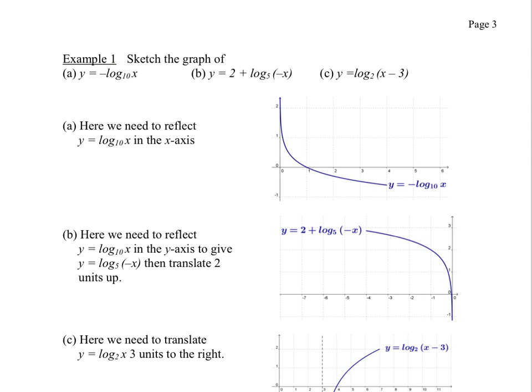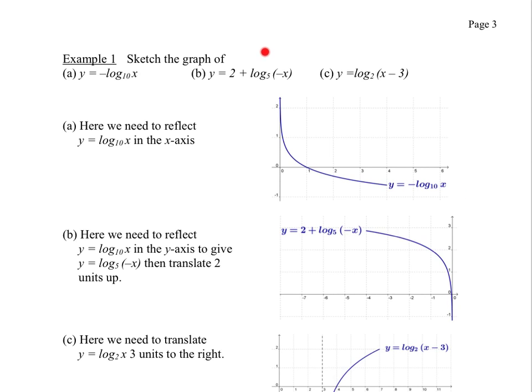Now remember, log base 10 of x looked like this. All that's happened here is that we've turned that function upside down. We've reflected it in the x-axis. So we had log base 10 of x looking like that on the previous page, and we've just reflected that over the x-axis so that it becomes this.